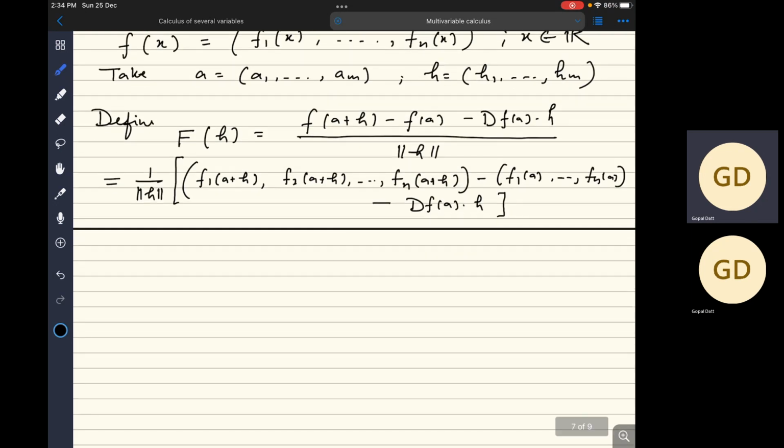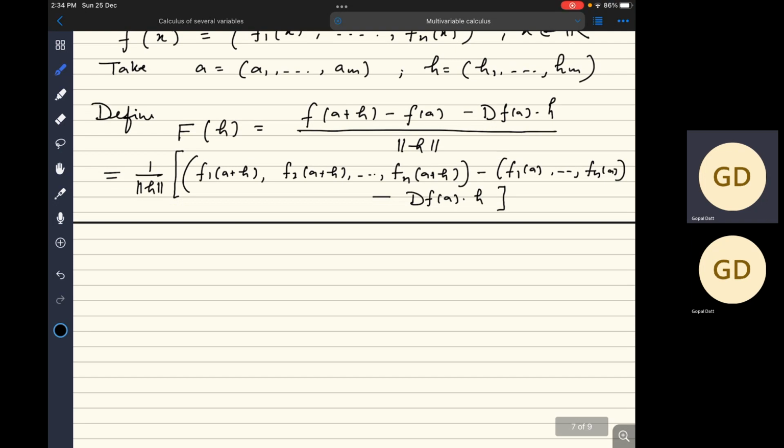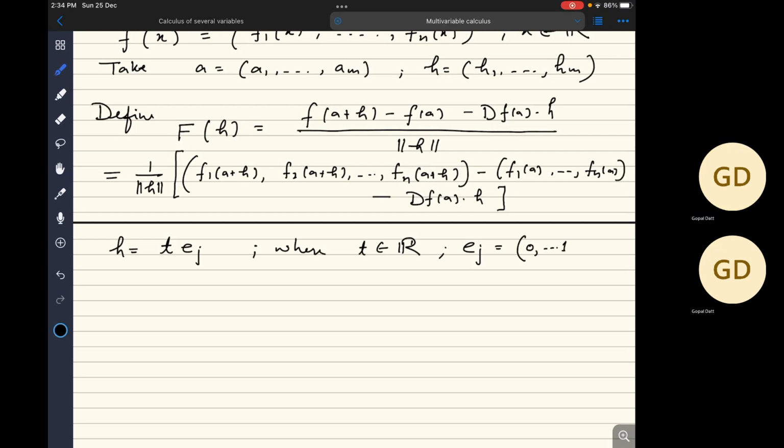Now what we do, we take h equal to t times ej, where t is a real number varying in R and ej is the vector of the standard basis, which has 1 at the jth place.